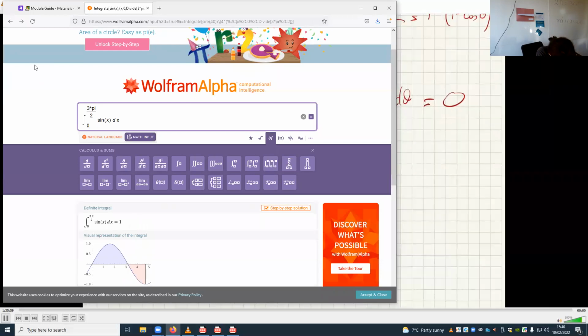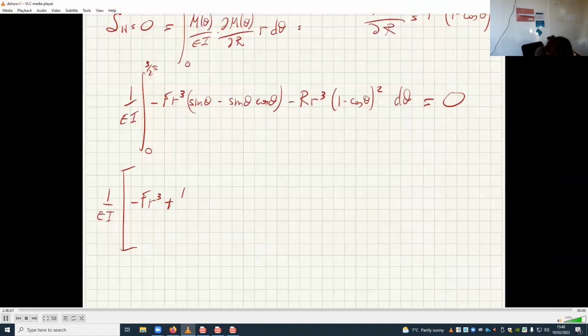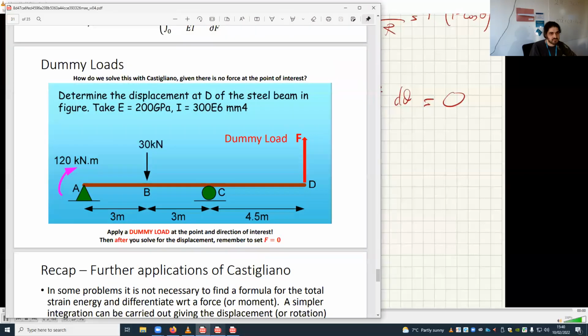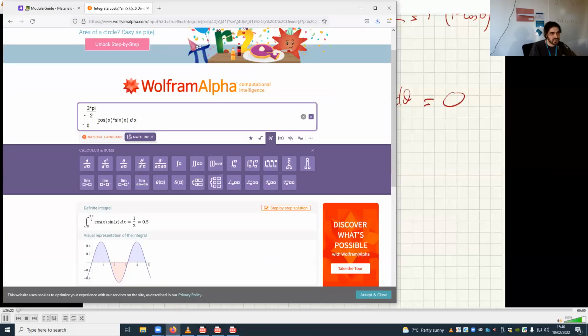This is plus this thing, which is half, plus half of this, minus R cubed times 1 minus cosine theta squared. Come on, 1 minus cosine theta.